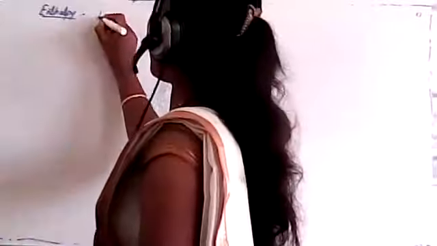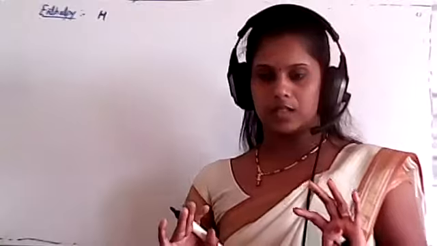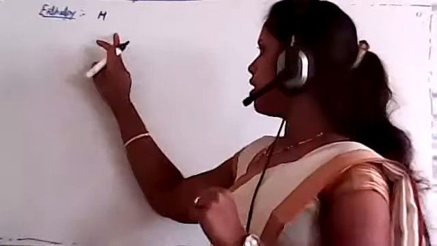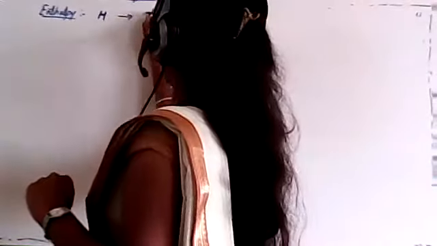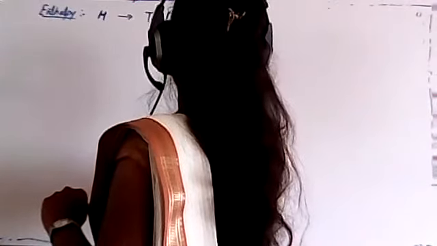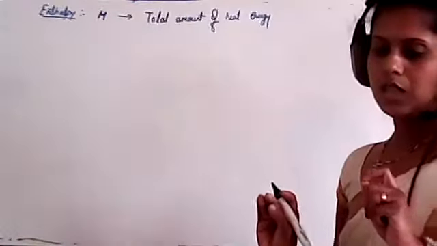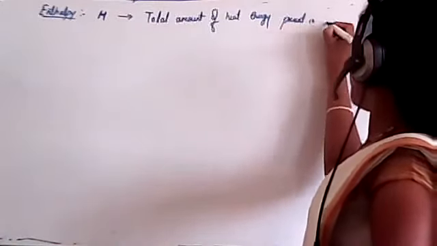Enthalpy is denoted by H, but change in enthalpy is delta H. So H is the total amount of heat energy present in the system, known as enthalpy.